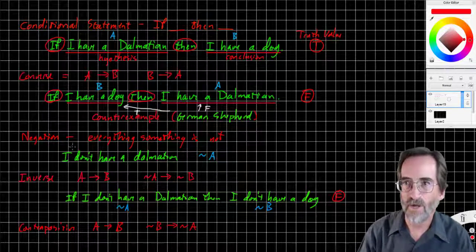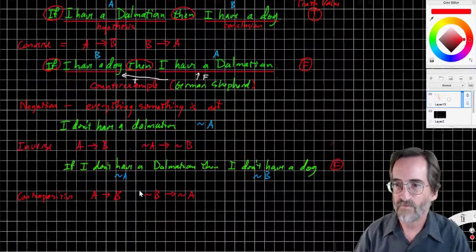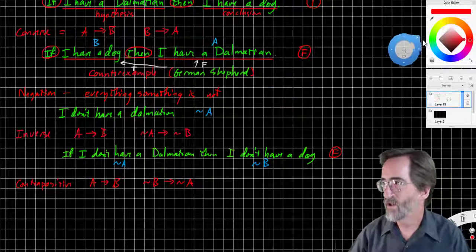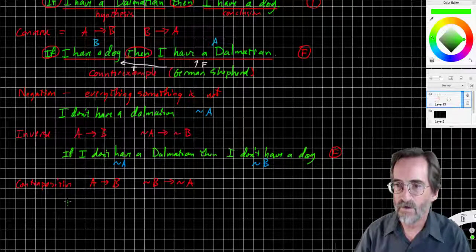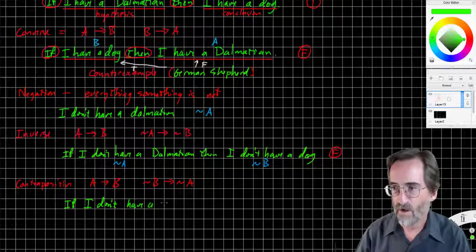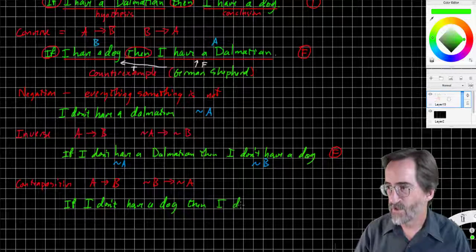Let's go ahead and write that out. Okay, let's scroll up here a little bit. All right, so if I don't have a dog, then I don't have a Dalmatian.